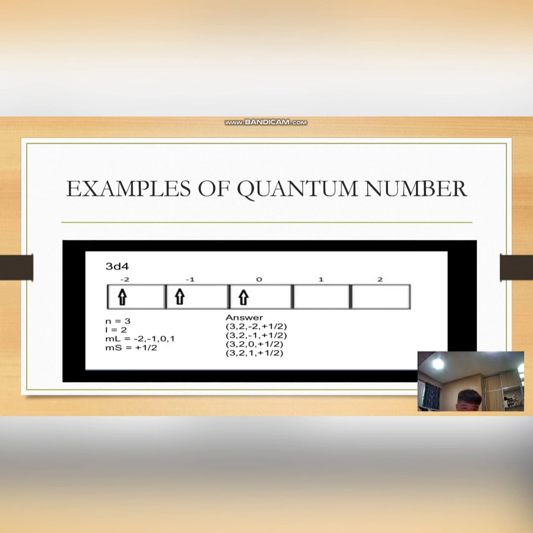Answers. The first answer is 3, 2, negative 2, and positive half. The second answer is 3, 2, negative 1, and positive half.